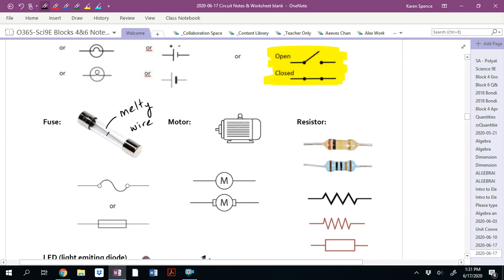And once it melts, there will be a gap in that fuse, and that will stop the circuit from working. It'll open the circuit at that point, and it'll stop things from flowing. So if the current is too great, you want a fuse there or something similar to turn off the electricity so that you won't end up with a fire.